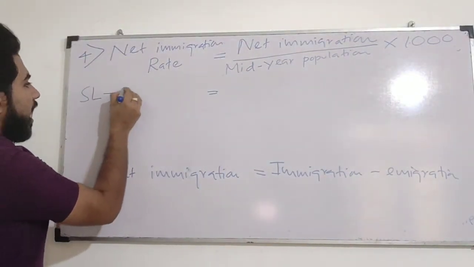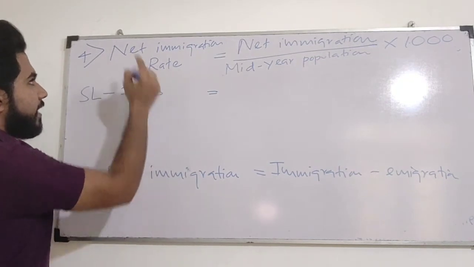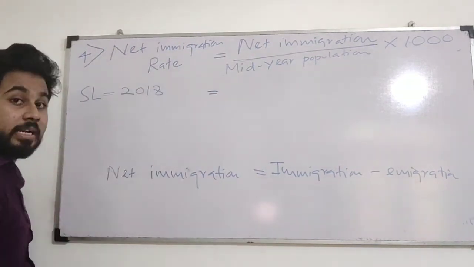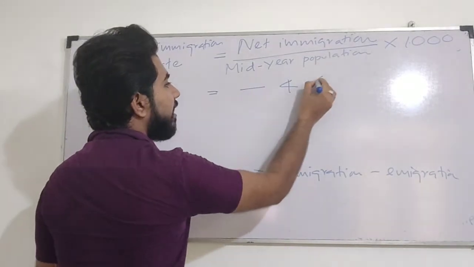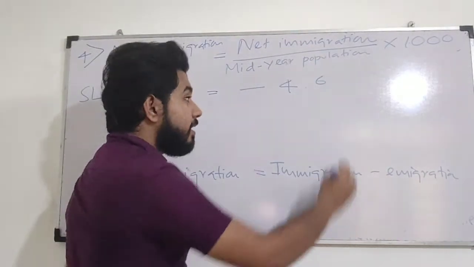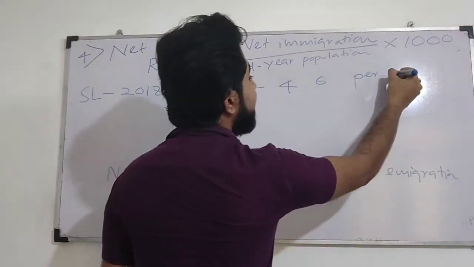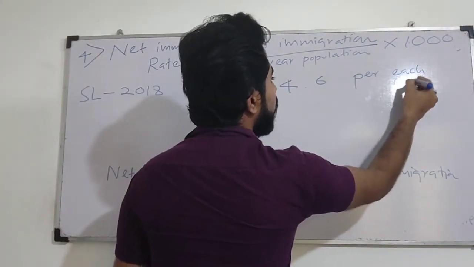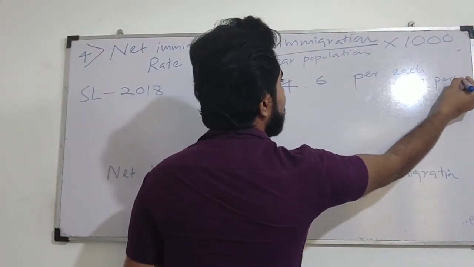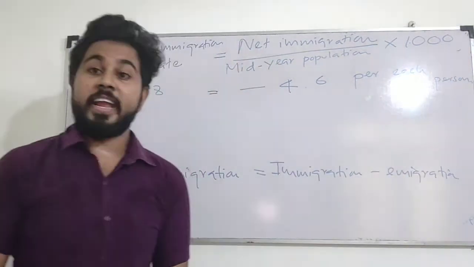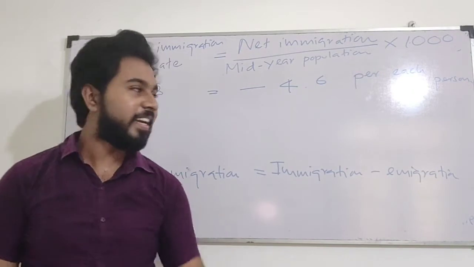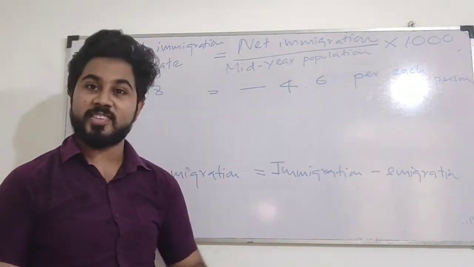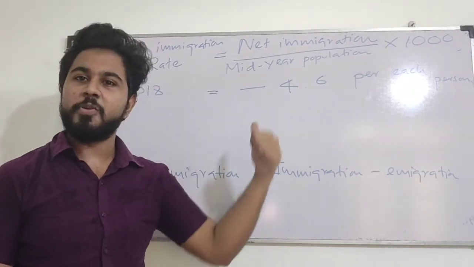So what about the country's situation? In Sri Lanka, in year 2018, the net immigration rate was minus 4.6 per each thousand persons. Right? So for every 1,000, net immigration is minus 4.6. So this is a negative value.